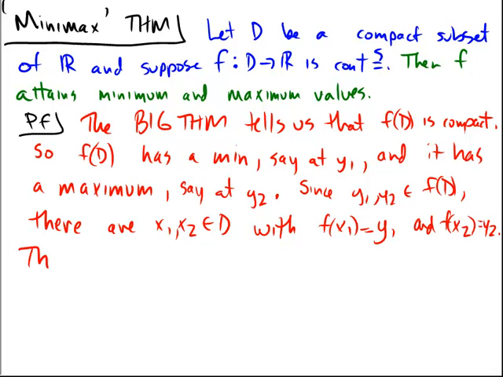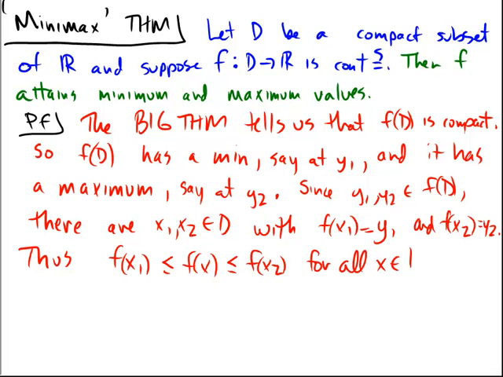Thus, f of x1 will be less than or equal to f of x, which will be less than or equal to f of x2 for all x in D. Right? This is true for all x in D. So we're getting what we want here. So we can find these points. So we got a point that's higher than everything else, that would be a maximum, and a point that's lower than everything else, and that would be a minimum.